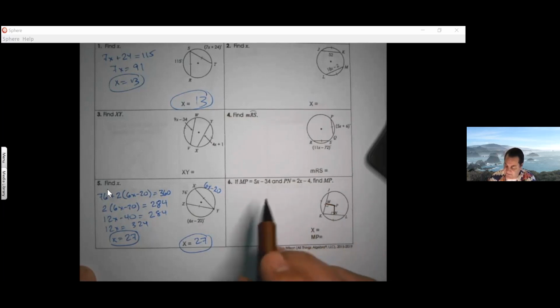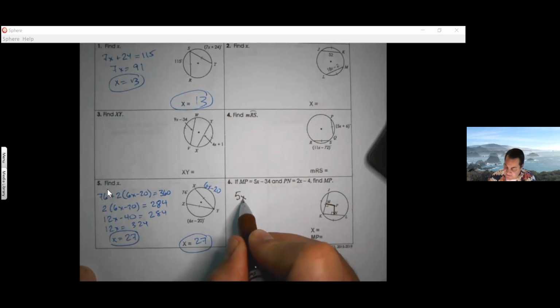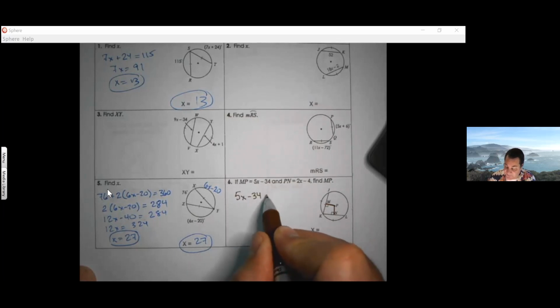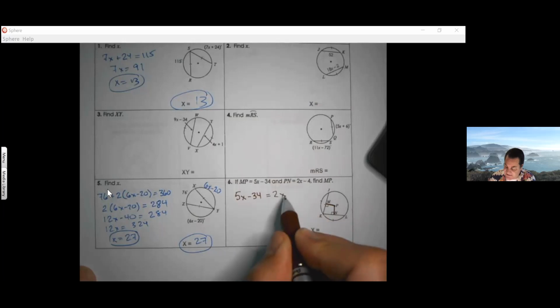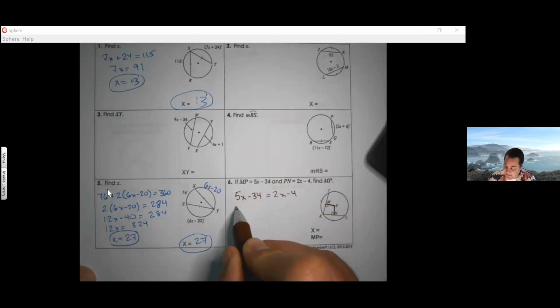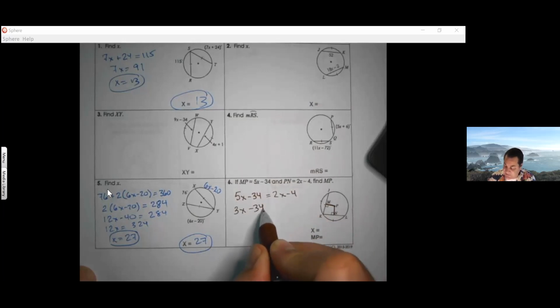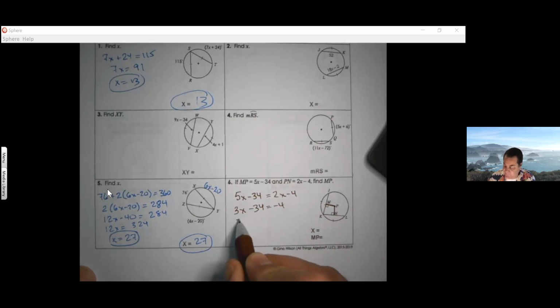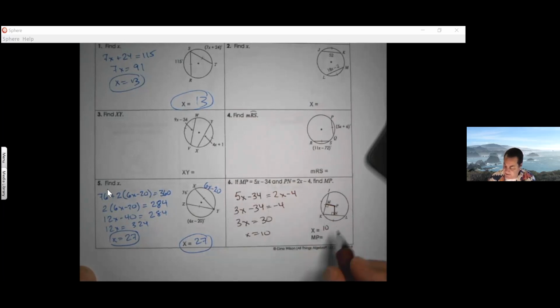That means that these two have to be the same. So this one's a very straightforward one, and you could probably just look at the equations and set them equal. That would be not a very reasoned way to do it, but it would have worked in this case. And then if we get that x is 10, we can say that MP is going to be 5 times that 10 minus 34. 50 minus 34 is 16.